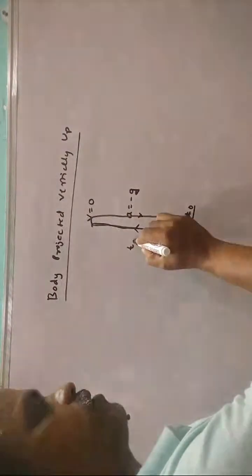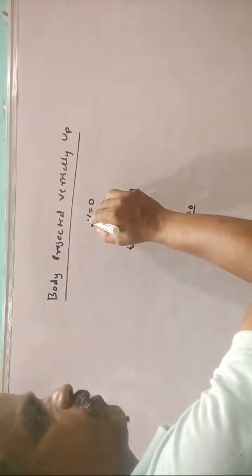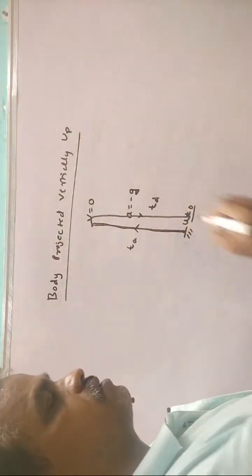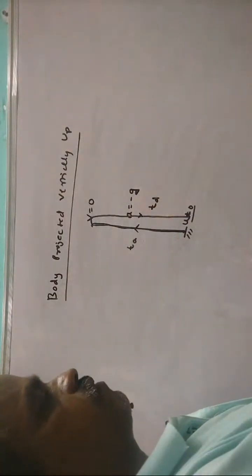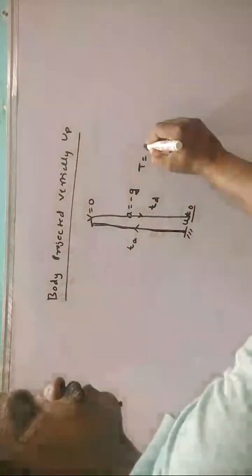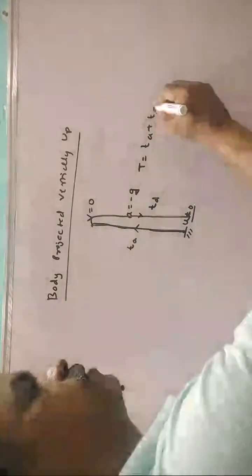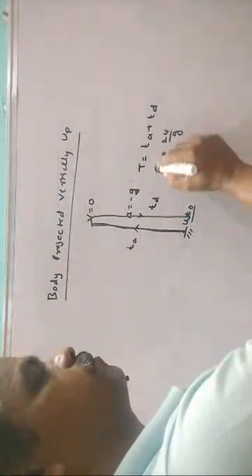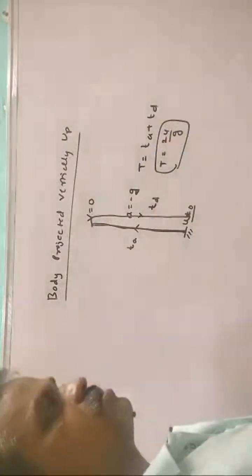This is time of ascent. Then from the maximum height to reach the ground, this is time of descent. The total time of flight equal to Ta plus Td, that is equal to 2u by g. So already we discussed these things.